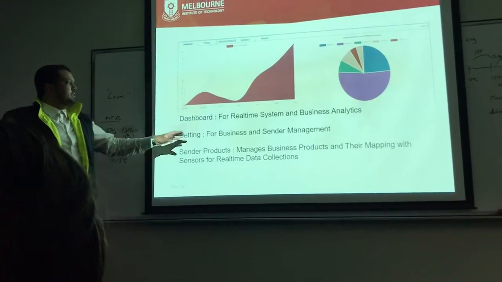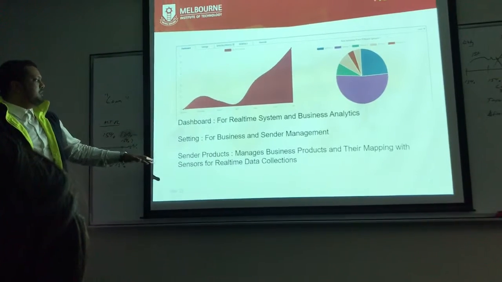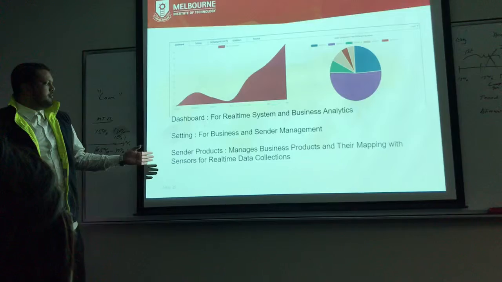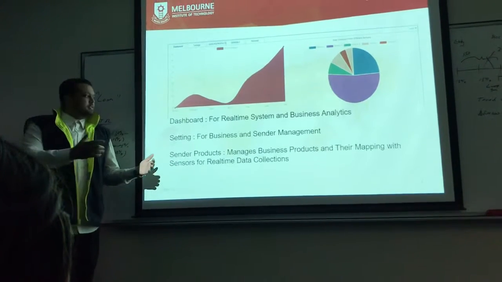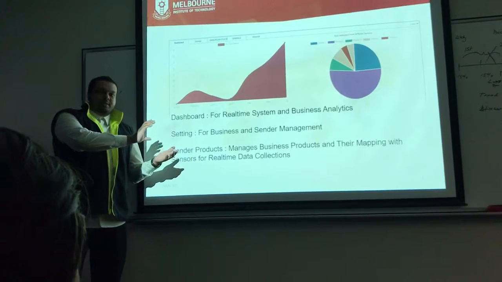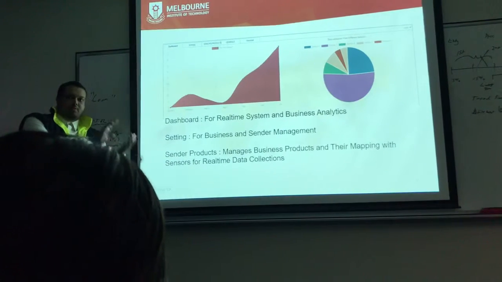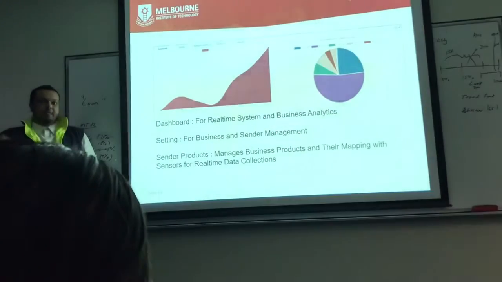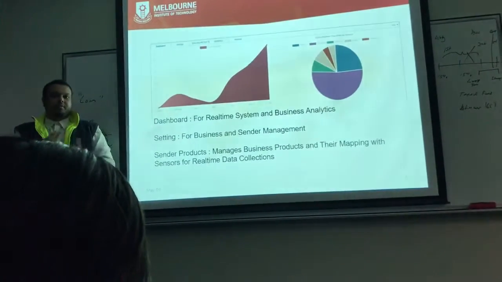For business and sensor management, the sensor products manage business products and their mapping with the sensors for real-time data collection. It means that for any fruit, like apple, we need to make sure the data goes to the data table for the apple, not to the mango or the banana.